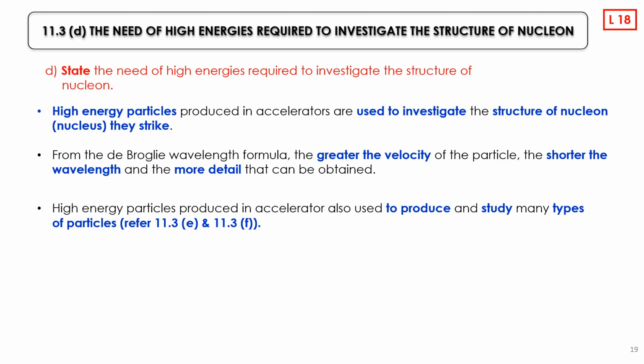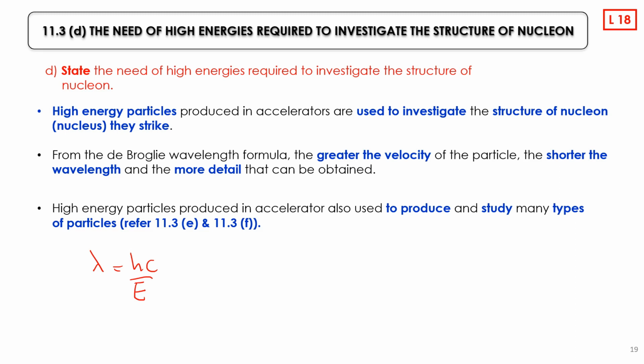Previously, we have discussed the need of high energies required to investigate the structure of the nucleon, because only high energy particles produced in the accelerators are used to investigate it. From the de Broglie wavelength, lambda is equal to hc/E.